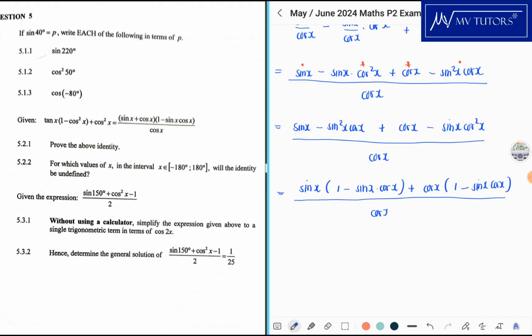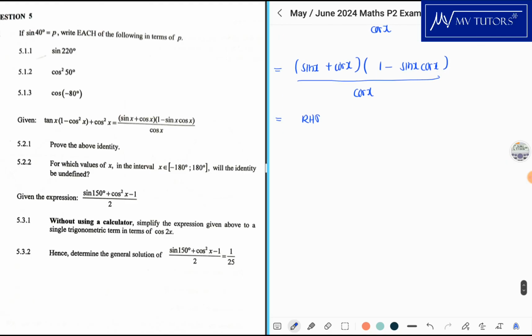So this is now over cos x. And then I can simplify it. I have the sine x plus cos x. So let me just write that down. Sine x plus cos x. And in the other bracket, I have 1 minus sine x cos x, which is exactly what we want. Okay, so ultimately the left-hand side is equal to the right-hand side, and I have proved this identity.